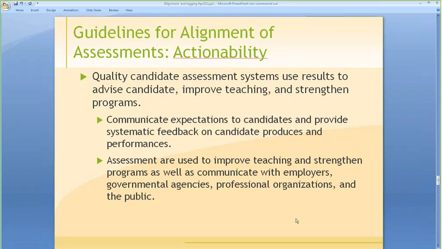CAPE is also trying to get at the quality of those assessments, through the validity and reliability and fairness, and it's also trying to get at the use of our assessments.